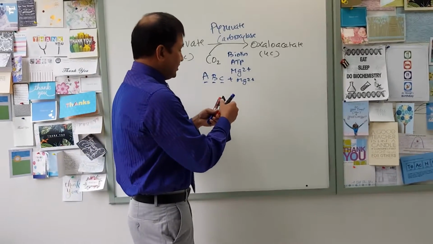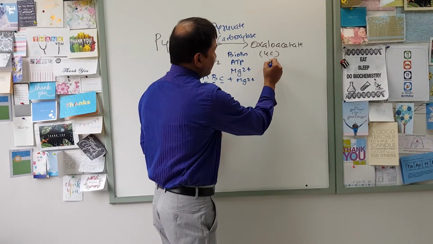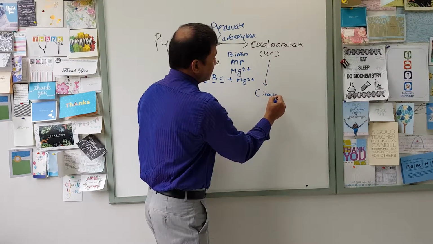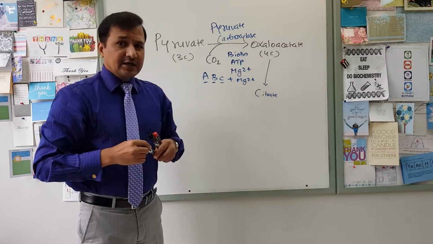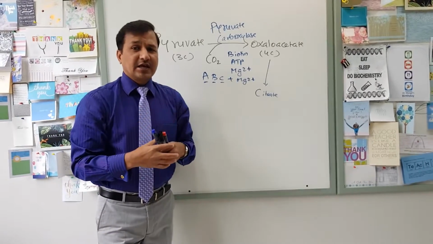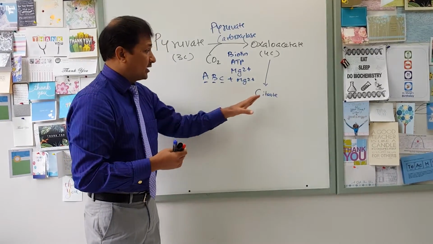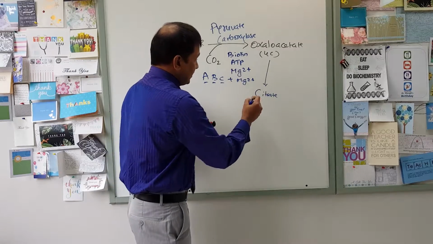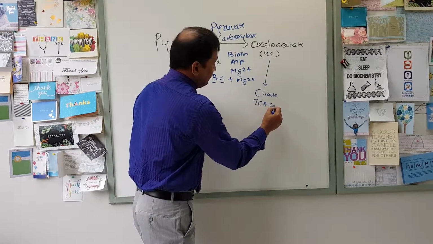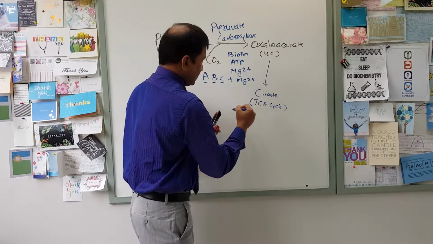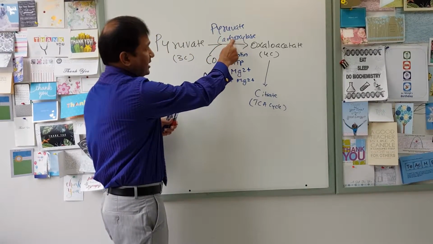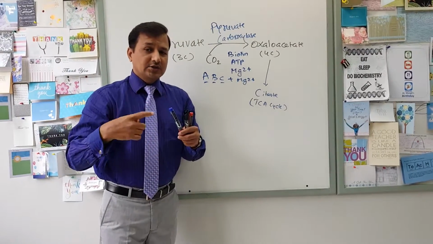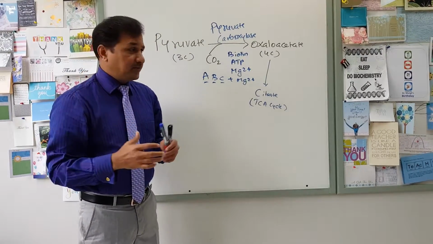One fate of oxaloacetate is citrate formation, because in the TCA cycle it condenses with acetyl-CoA to make 6-carbon citrate. That means the pyruvate carboxylase enzyme is important for the TCA cycle to get going. You've got to remember this.